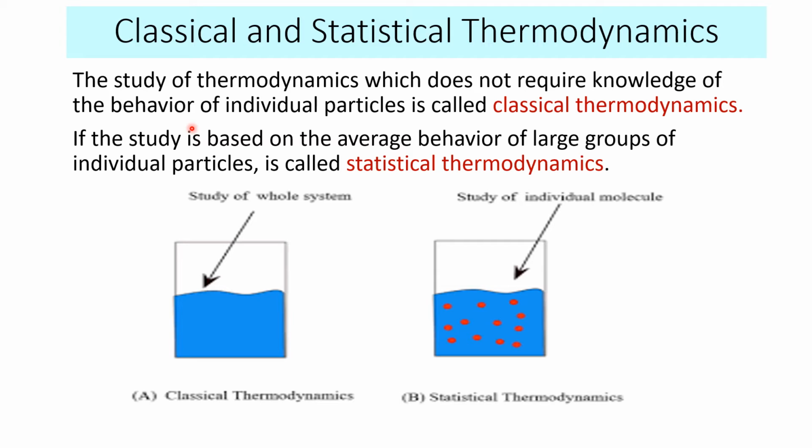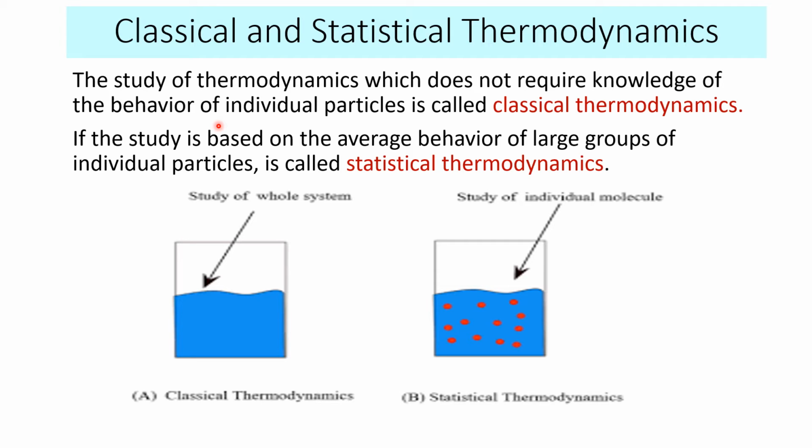For example, the pressure of the gas in a container is the result of the momentum transfer between the molecules and the walls of the container. However, one does not need to know the behavior of the gas particles to determine the pressure in the container.